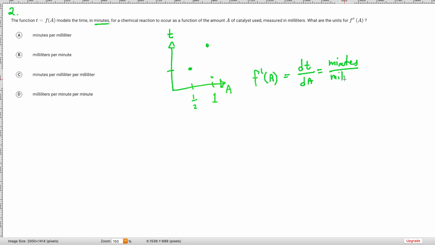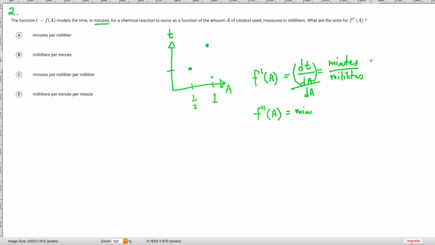And this is the units for f prime of a. And now remember, if we're going to differentiate again, we're just going to be differentiating with respect to the bottom one, dA, again. So it's going to be like dt over dA over dA. You're differentiating again.